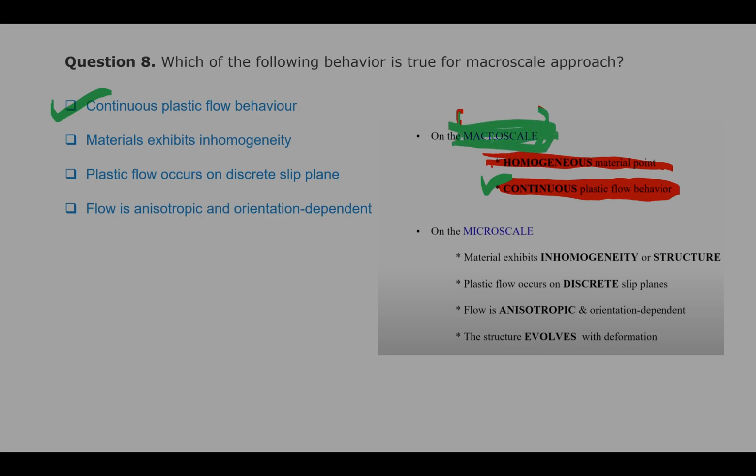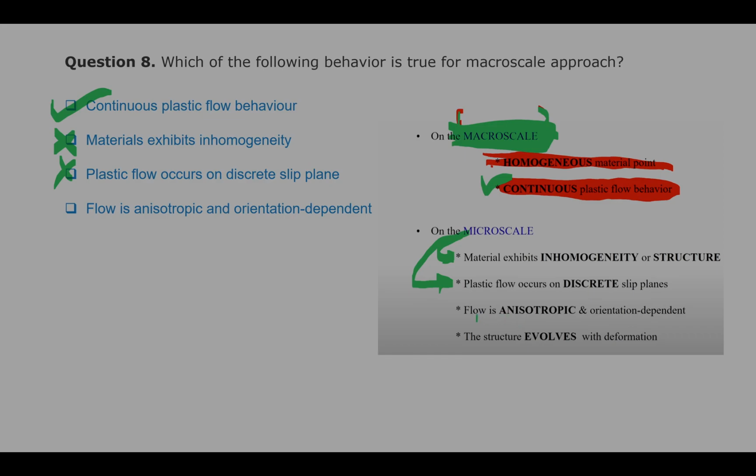You got that? Materials exhibit homogeneity, not possible because it is inhomogeneity. It is in macro scale. Again, plastic flow occurs on discrete planes. This is also not possible because it is coming in micro scale.